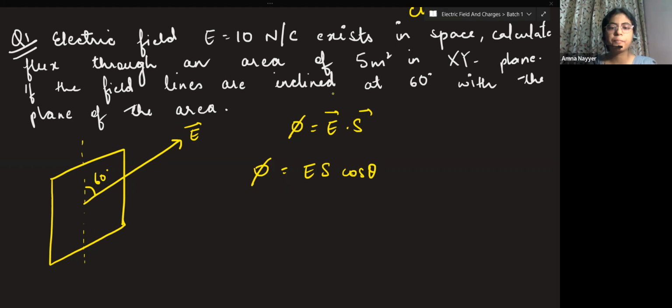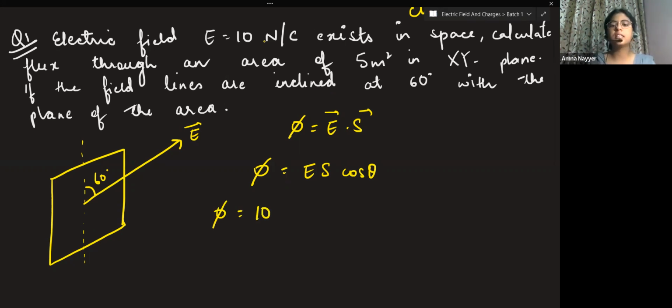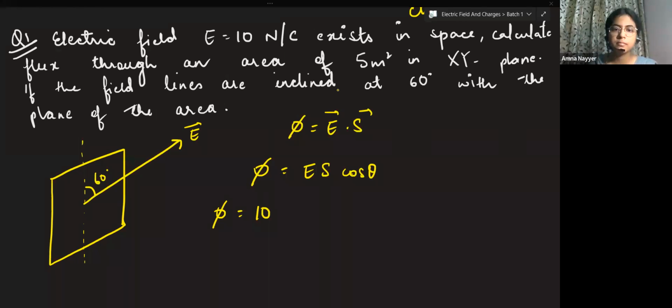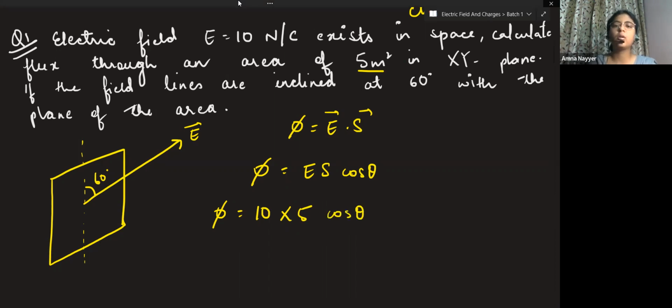So yes, Sarah was correct, the electric field will be 10 Newton per coulomb. What is the surface area that I'll be taking, Shravya? 5 meters square. Correct. So S will be 5, because the given area is 5 meters square. So this will be 5 meters square multiplied by cos theta.